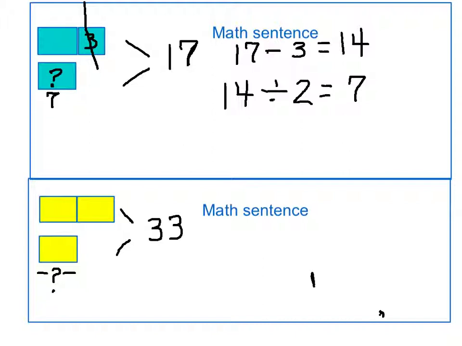And I'm sure that you know that 33 divided by 3 is equal to 11. So each unit has a value of 11.